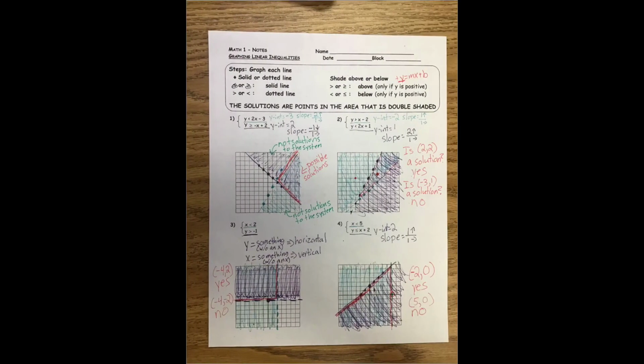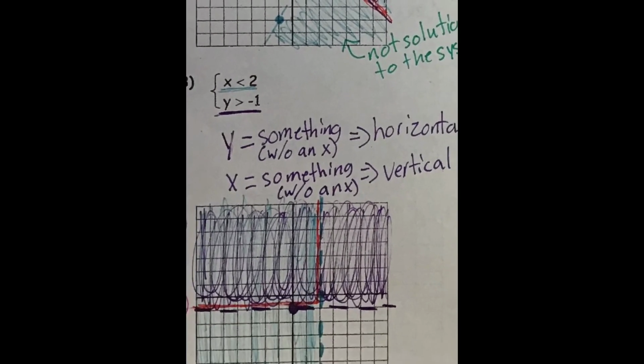So I wanted to show you exactly what we did in class. This is just a simple picture of what we did. I wanted to give you a chance to copy this down.